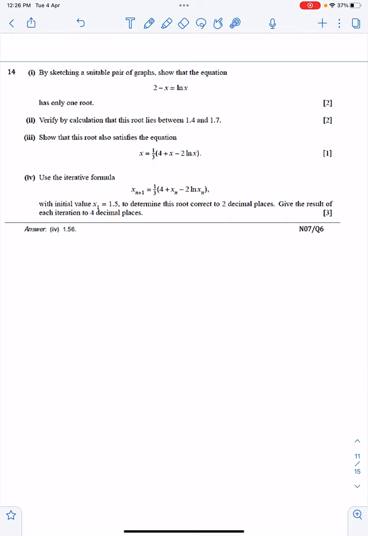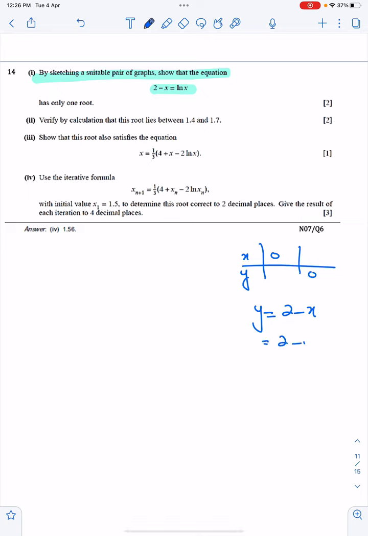Okay, let's do this one. By sketching a suitable pair of graphs, draw the graph of 2 minus x and ln x. I know this is a linear graph, so I can easily draw this. If I take x as 0 and once if I take y as 0, so y equals 2 minus x.